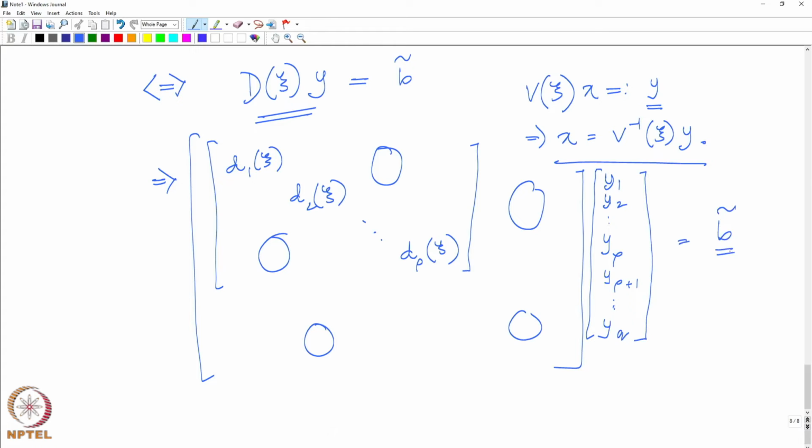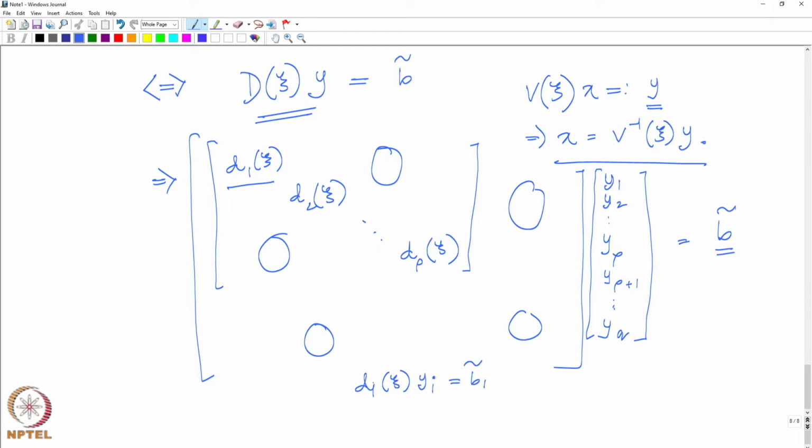I am solving for this, but now just look at this form. When you do this matrix vector multiplication, you can just realize that the equations are nothing but d1(ξ) acting on y1 is equal to b1 tilde.